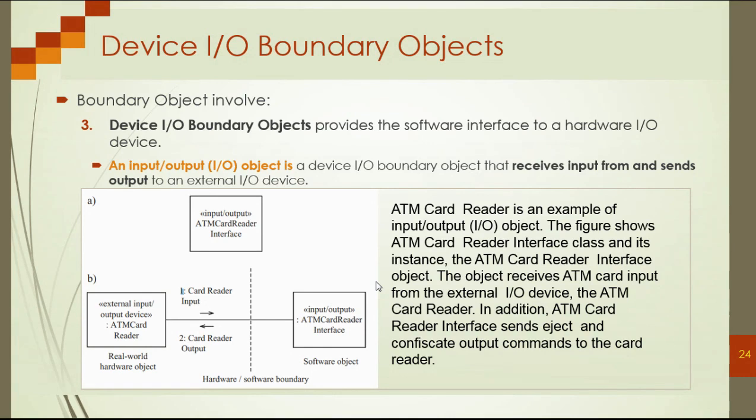The card reader is used to read the information, and also send some information. So the card reader reads the information from the card, and also sends a command to the device, such as eject, to eject the card. So this is sending some command to the reader.